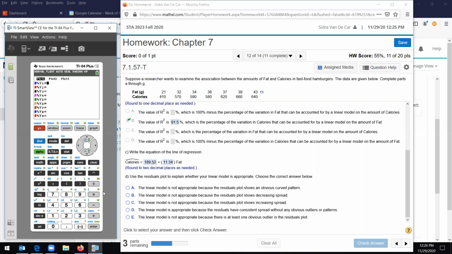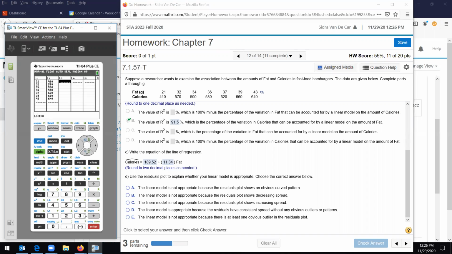All right, let's put our regression equation in here. 189.52 plus 11.34 times our variable x. Okay. All right, that's our equation here. Now, let's go back into the stat menu and edit.